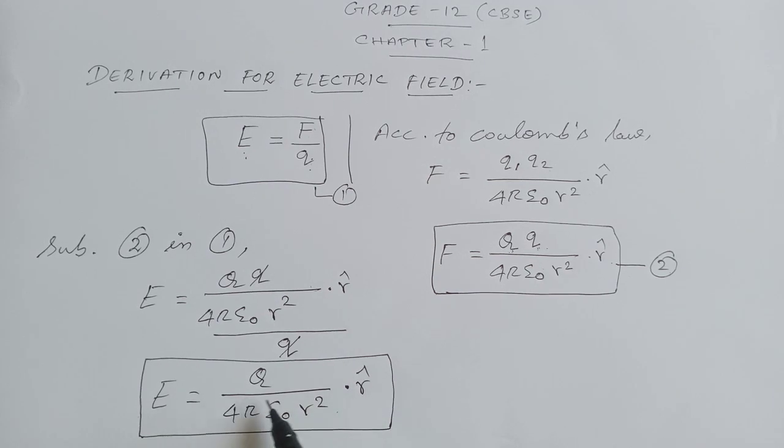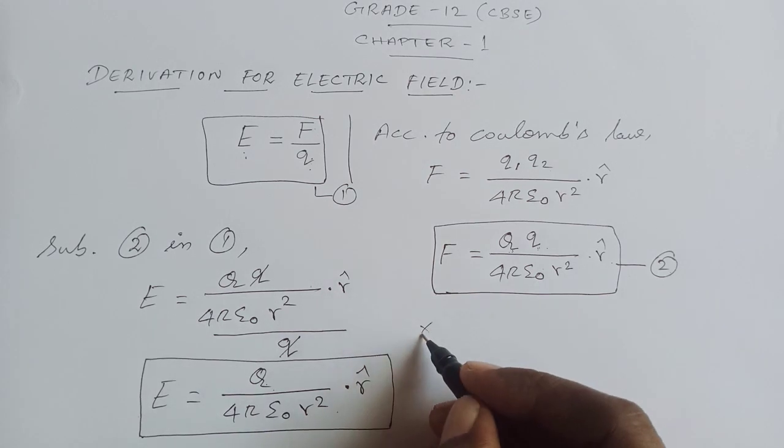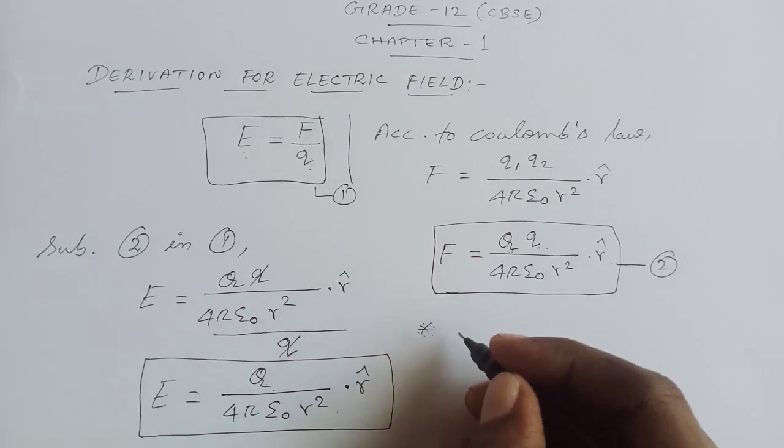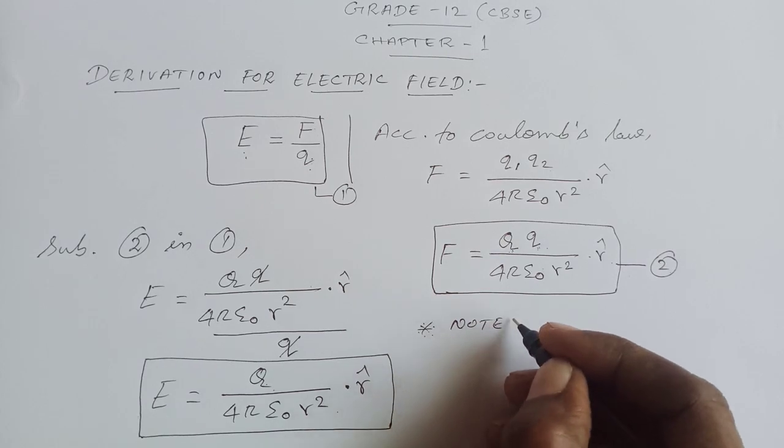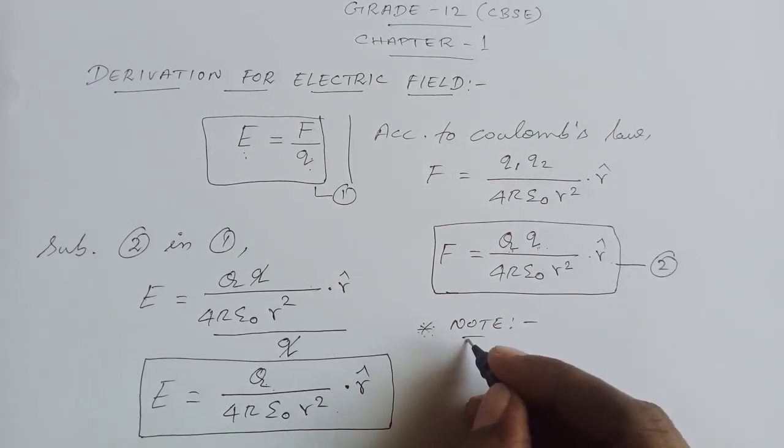Yes. Now see what will be the direction of this electric field. The direction of the electric field will be outwards for the positive charge, and inwards to the negative charge, because we have already discussed that the source charge may be positive or negative. This is an important point we have to note down.